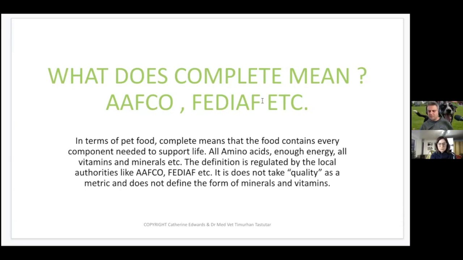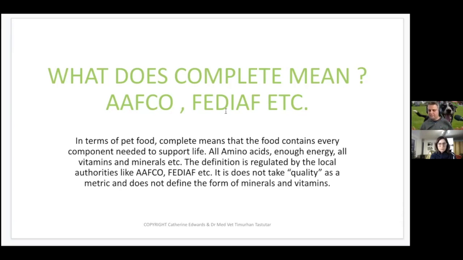You have your own food safety regulating body, which is a very strong one, but it only regulates the bacterial quality of the food. But yeah, that means according to AAFCO and FEDIAF, if the food contains a certain amount of vitamins, minerals, and amino acids in a certain shape and form, that's accepted, and that's good quality food.